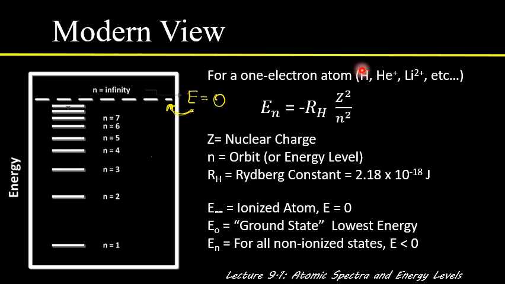So that's why we have a negative sign in this equation here. So any place where the electron is associated with the atom and is sitting in one of those energy levels, the energy has got to be less than 0. So your energies are always going to be negative unless the atom is ionized, in which case the energy is going to be 0.